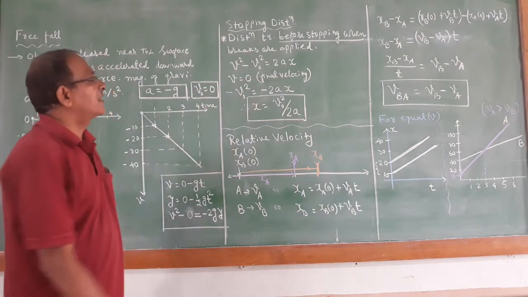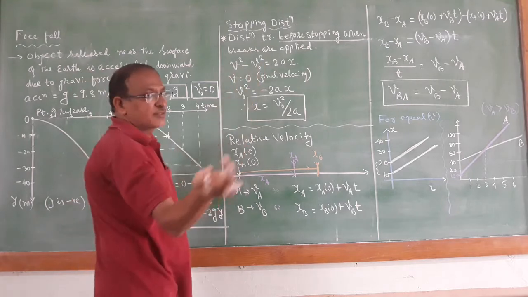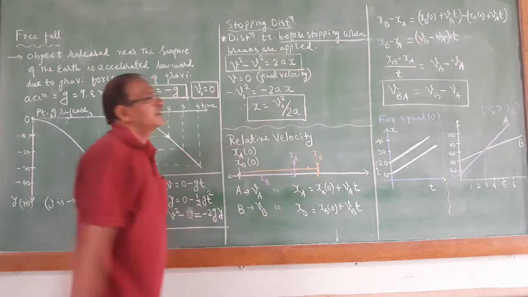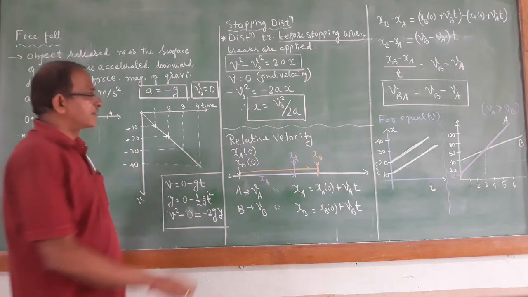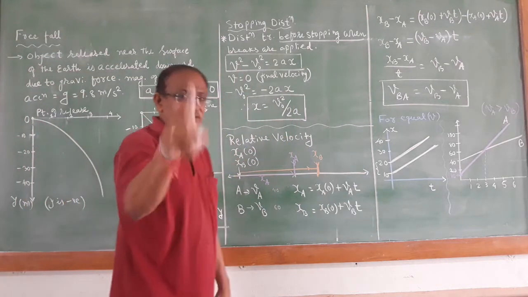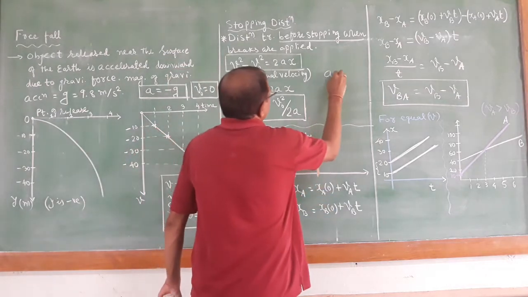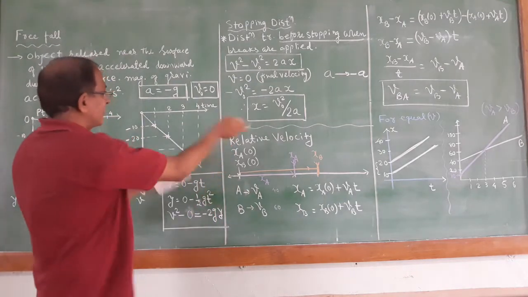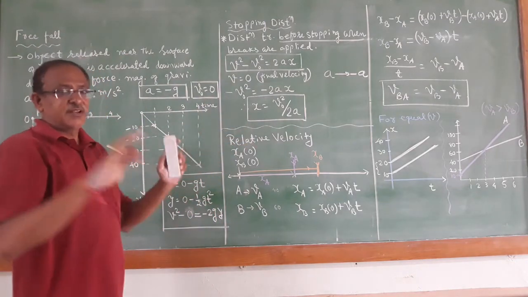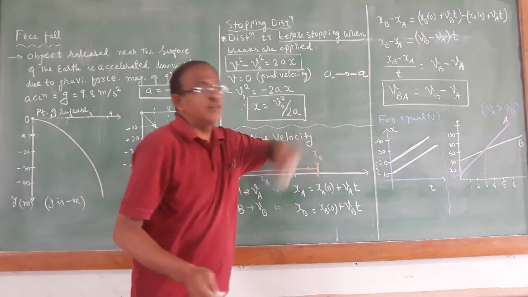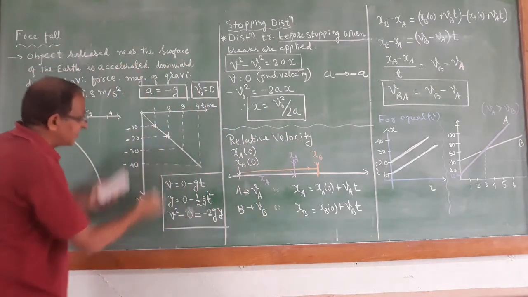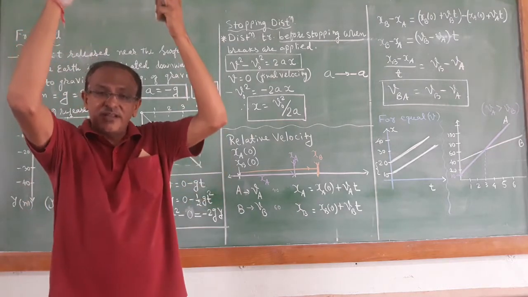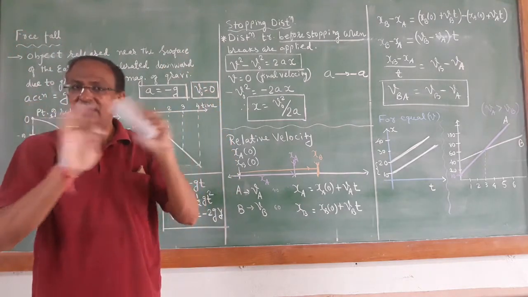To find the stopping distance, use this equation: v square minus v0 square is equal to 2ax. Now acceleration is negative, so a is taken to be minus a. Retardation. Don't confuse in this. Retardation means you have to take minus a. For a freely falling body, you take g as positive for calculation.